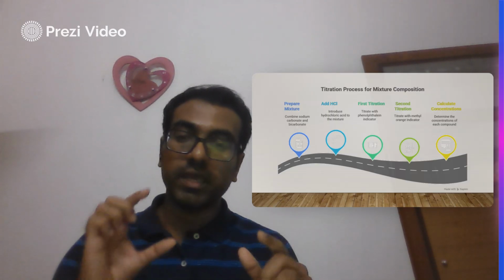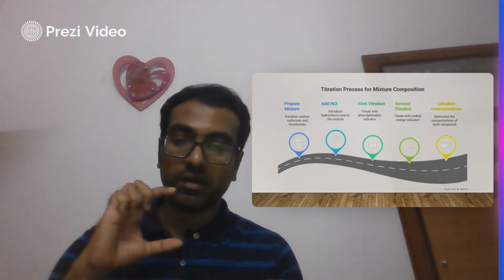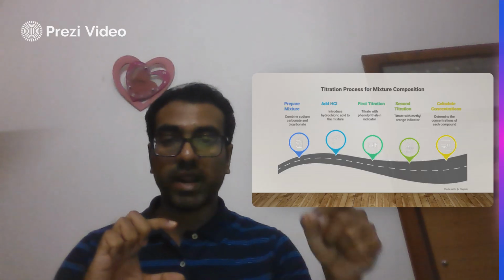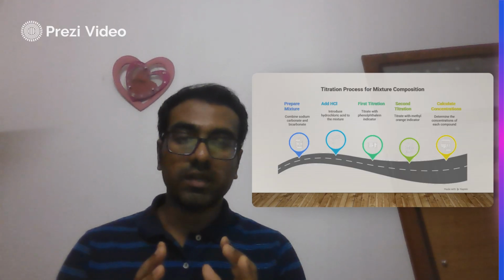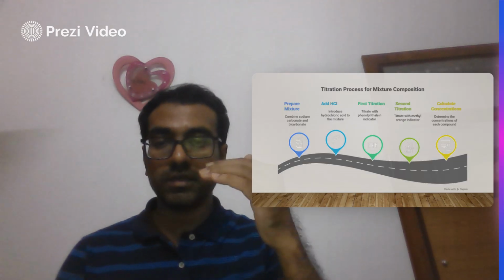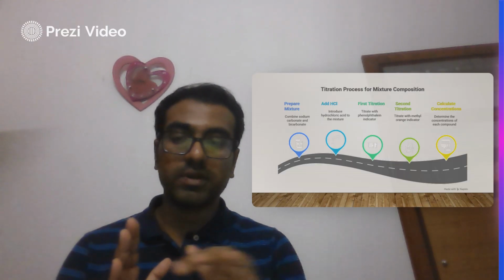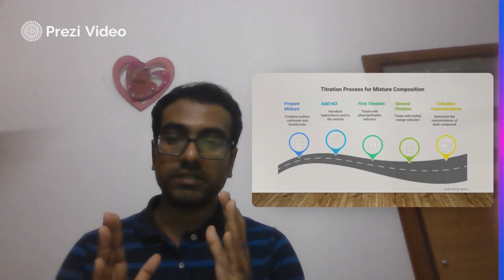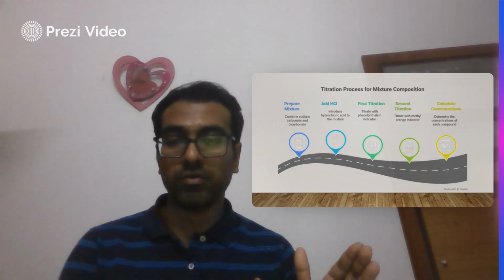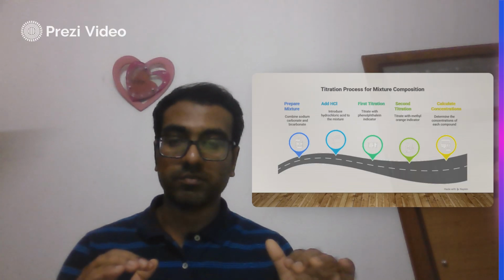The second step, using the exact same solution in that same flask, we're adding methyl orange, right? And we're doing the second step of titration. We're adding HCl, and at the end point it's completely titrated, that is, the sodium bicarbonate is completely titrated, right? The color changes from reddish orange to pale yellow, and we are done with the titration part.